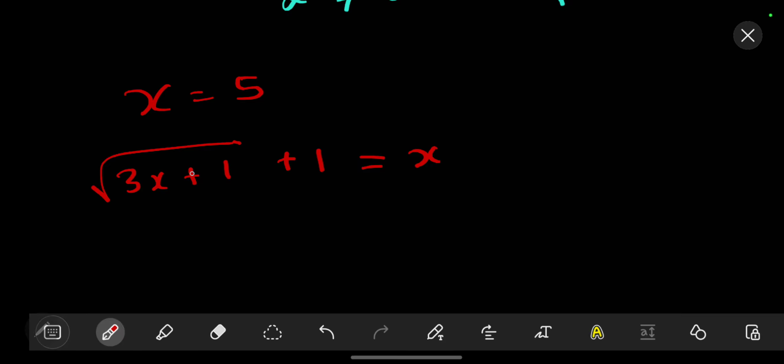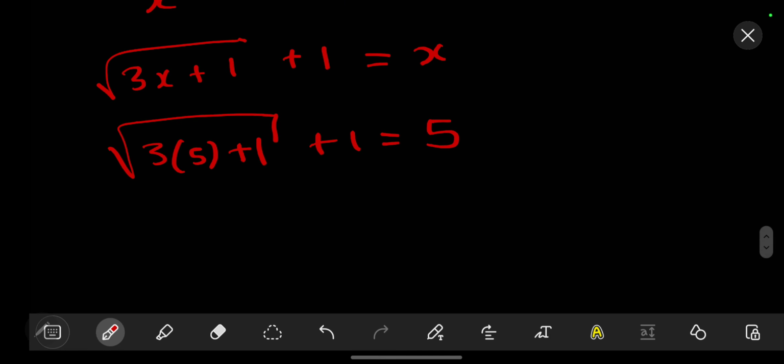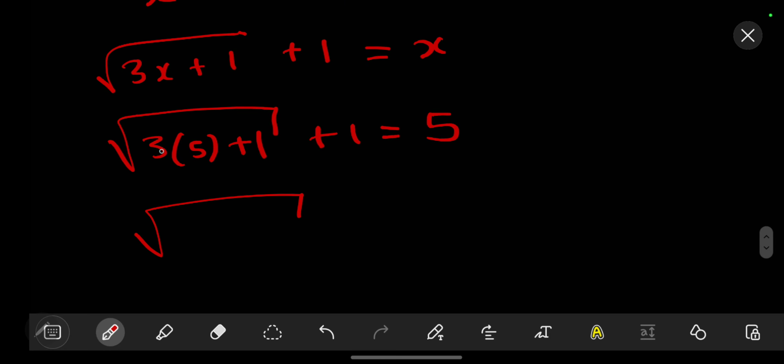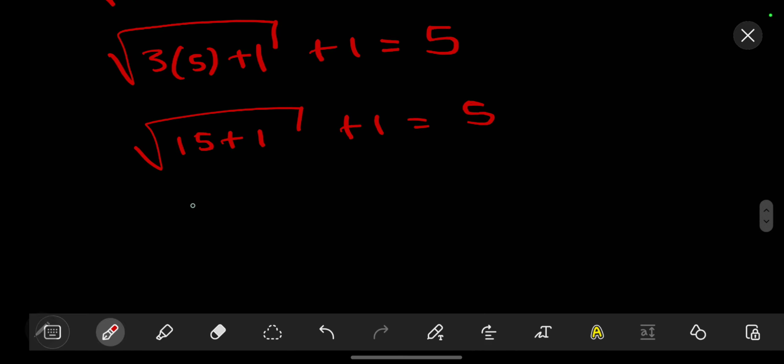So let's try to use 5. So we are going to say the square root of our 3, where there is x we put 5. Then we have plus 1. Then plus 1 should be equal to, where there is x we put 5. So after doing that, we are going to get a square root of, we have 3 by 5, it will give us 15 plus 1. Then we have plus 1 should be equal to 5. So the square root of 15 plus 1, so this is 15 plus 1 will be 16 plus 1, like that, which is equal to 5.